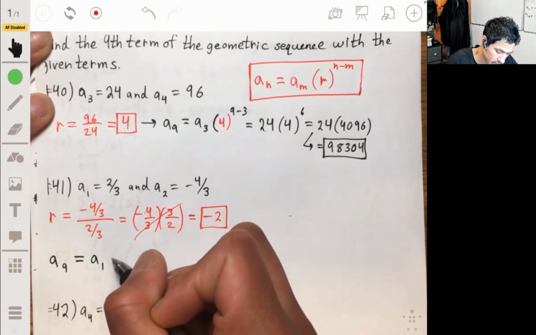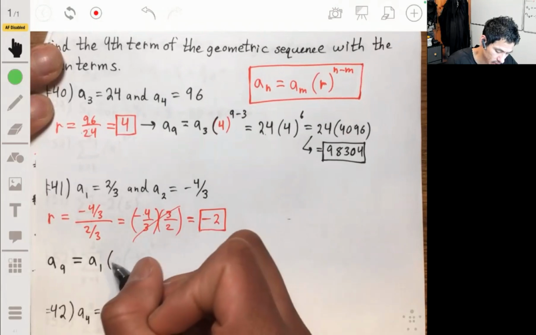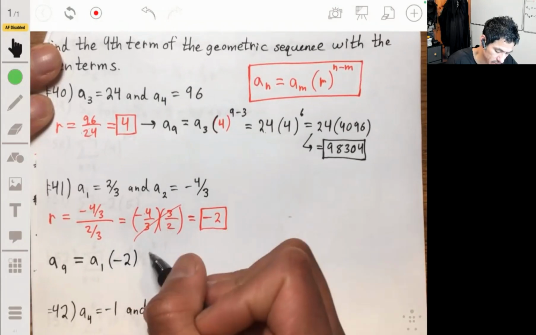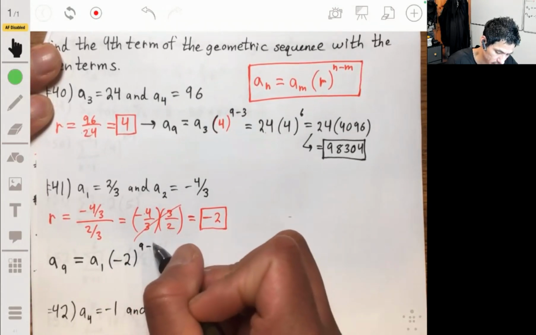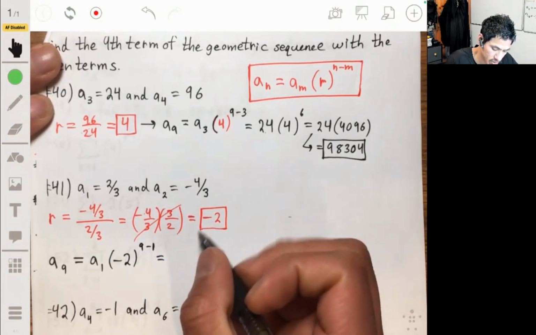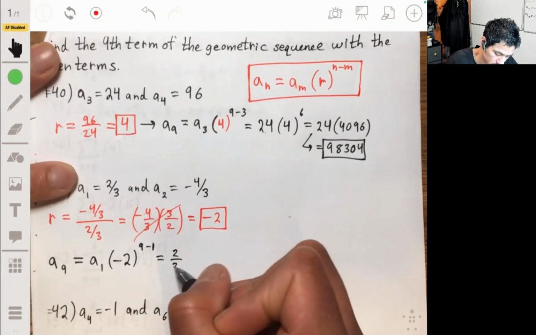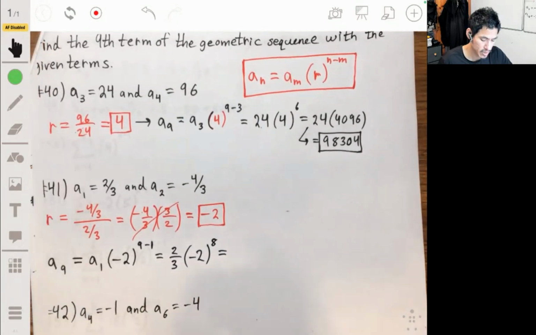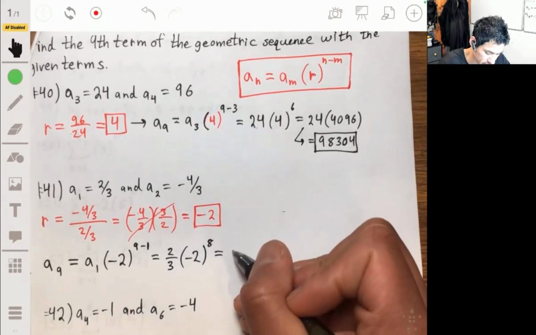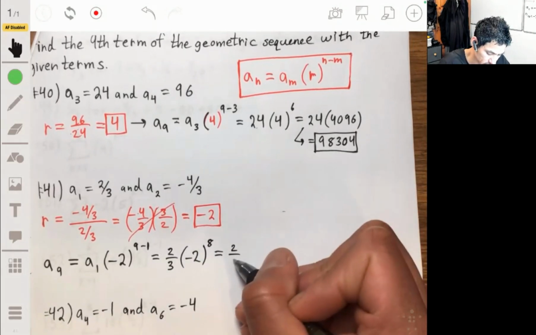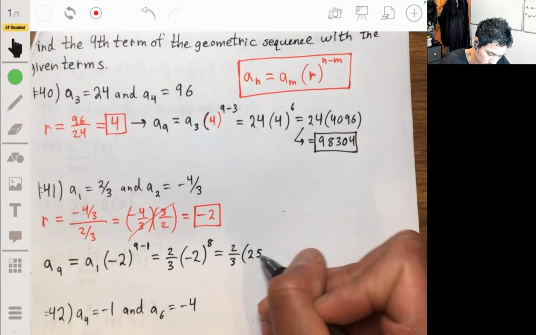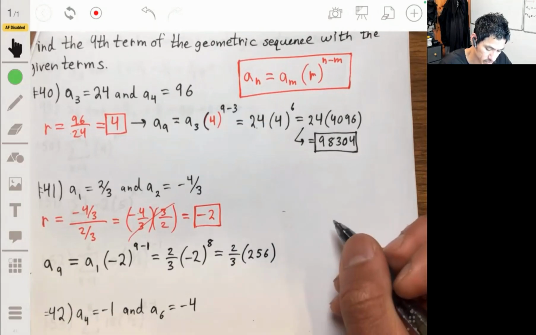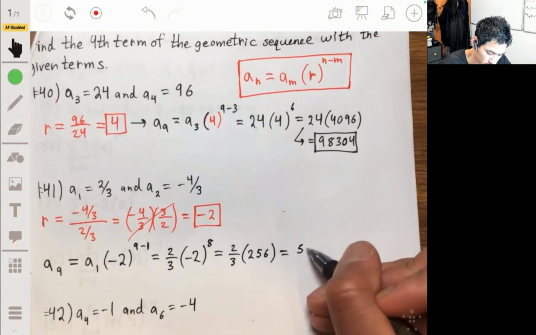We can go a1 times r, which is negative 2, to the 9 minus 1 power, which is going to be 2/3 times negative 2 to the 8th power. 2 to the 8th power is 256. It's still positive 256. This will be 512 over 3.